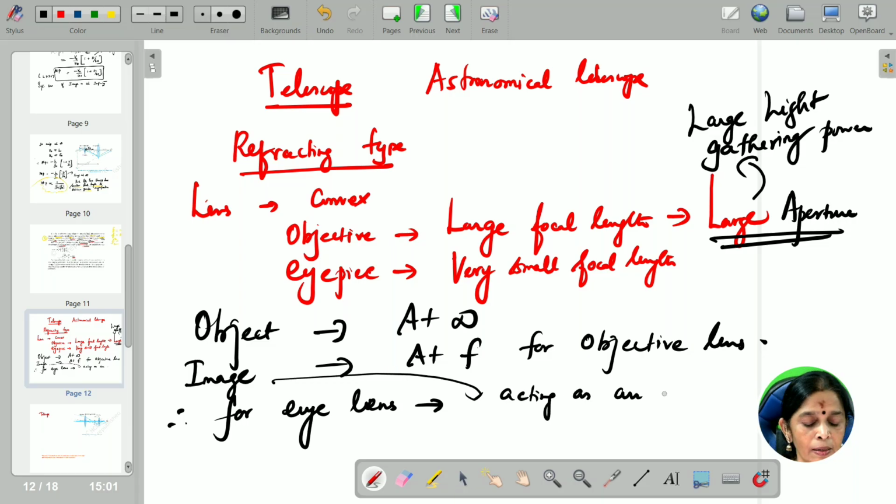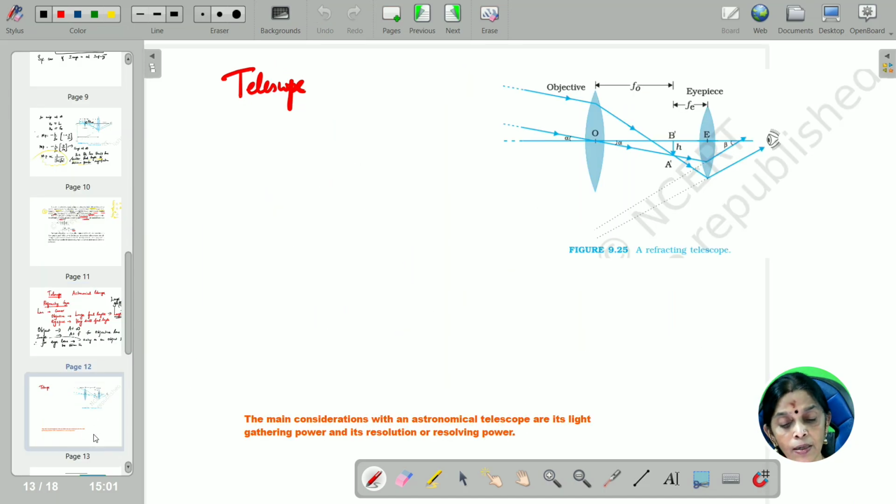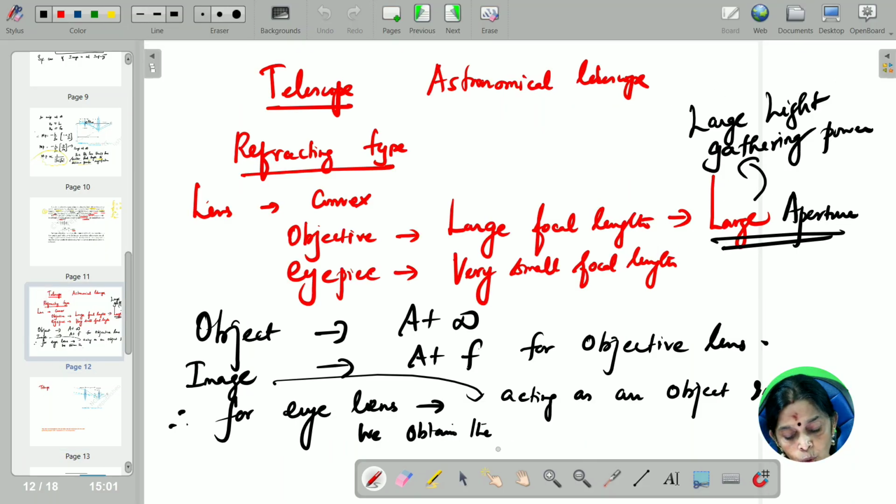You have to adjust. Acting as an object. And finally, we obtain the image on the same side. You can see here the image is obtained on the same side. So finally we obtain the image on the same side of the eyepiece lens.